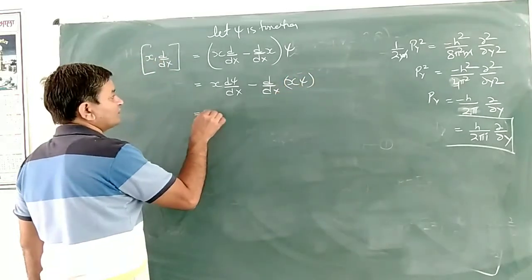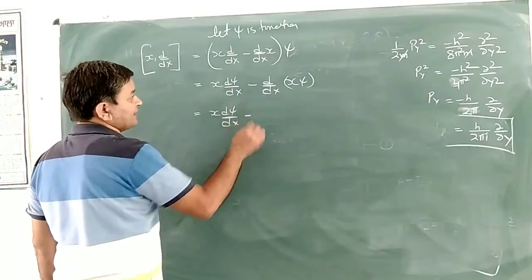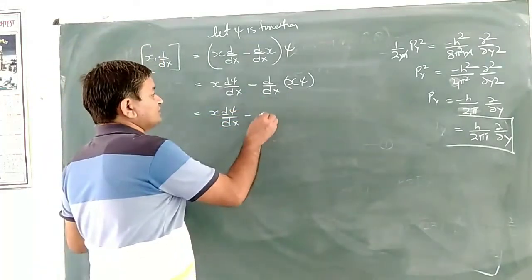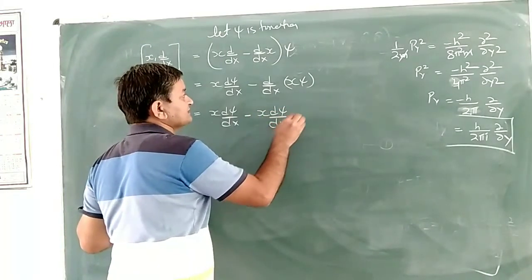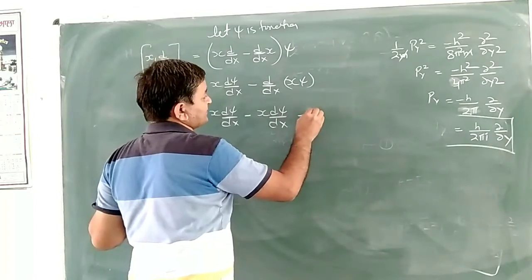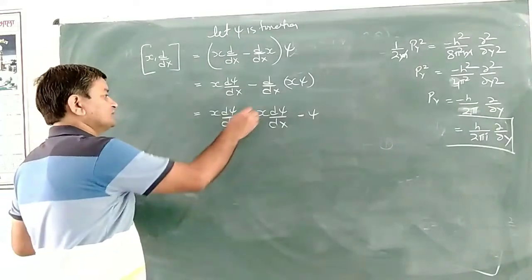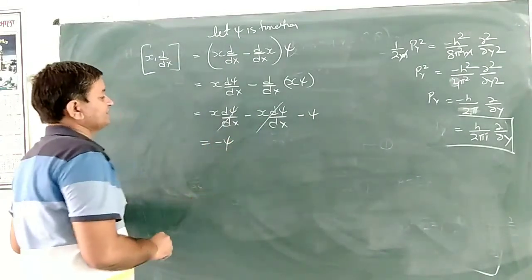So we will get d psi divided by dx, where the two functions are here. This is the first function as such, and the differentiation of psi is d psi upon dx, minus here is the psi as such and the differentiation of x is 1. So this is minus and this is plus, so we are left with minus psi.